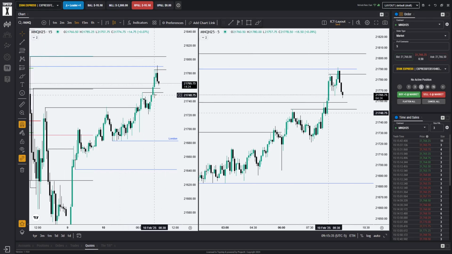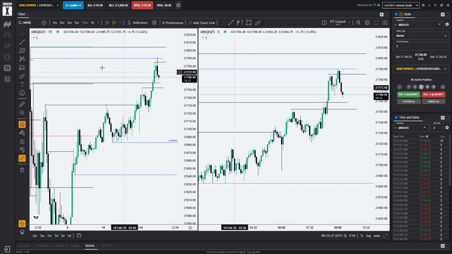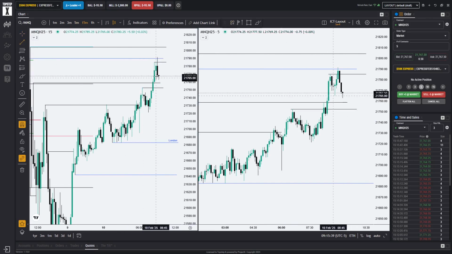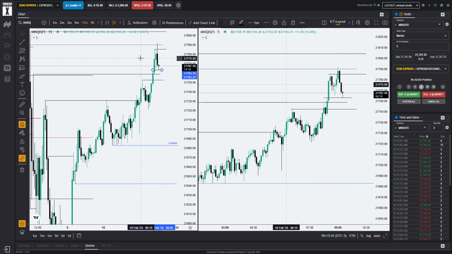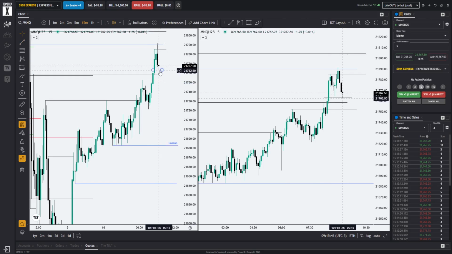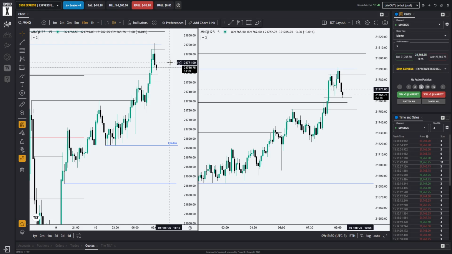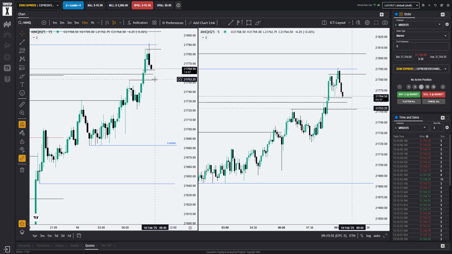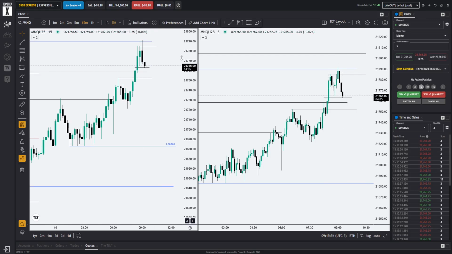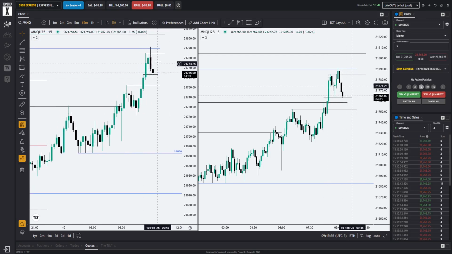Okay. So NQ just took that 15 and tapped into that 15. Dropped shorts, so I should expect a little bit of pushback. They have collected 1 and 2. That's half an hour of trading in longs.